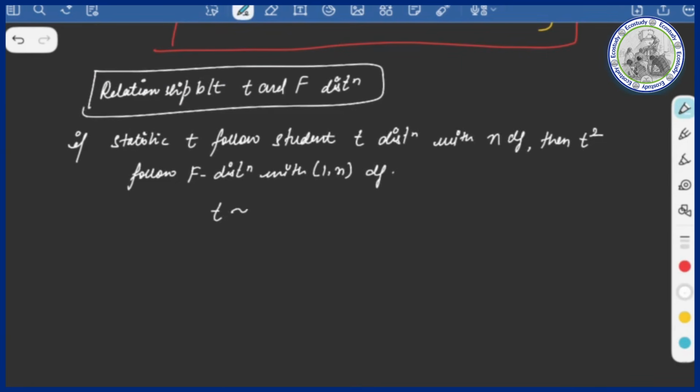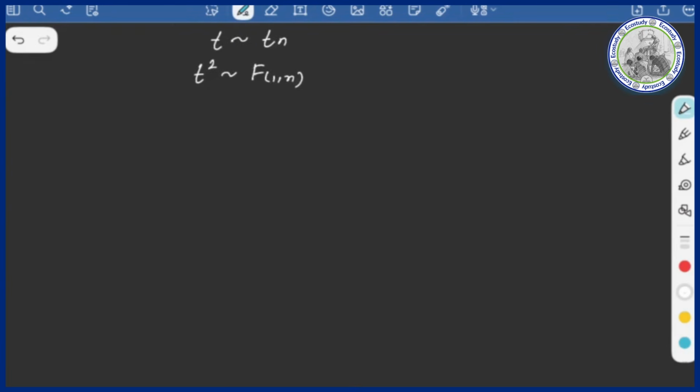So if t follows t n, then t square will follow F 1 n. How? Let me write it.